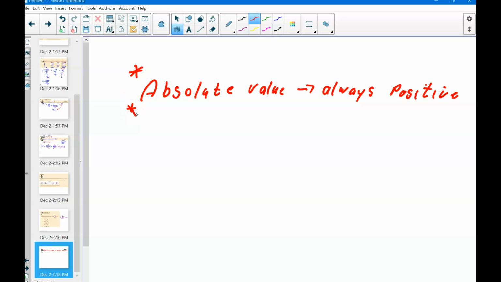Absolute value is always positive. They will define it as the distance from 0 to that number on the axis, left to right. And they would define it as the distance because distance is always measured positively, not negatively. You can't have negative distance. Try walking backwards, you're still going positive behind you.